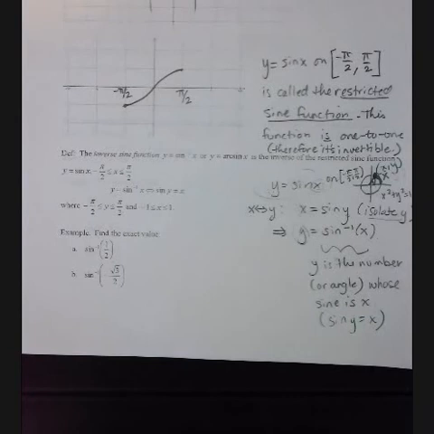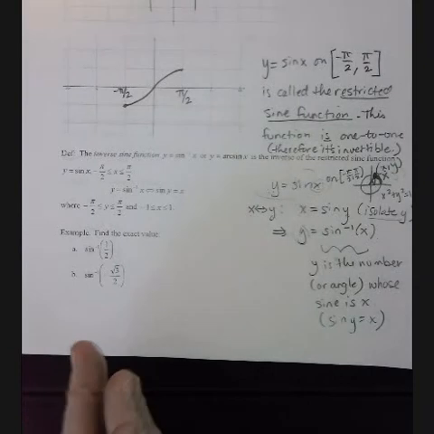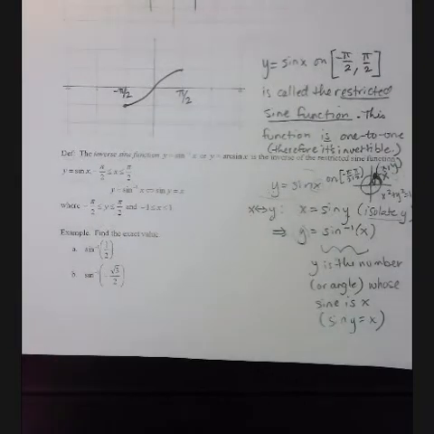So remember those outputs, the 1/2, the square root of 3 over 2, the 1, the 0, the square root of 2 over 2, those are the numbers that are going to go in. Now they don't have to be those numbers, but those are the ones we can find exact values for, okay?